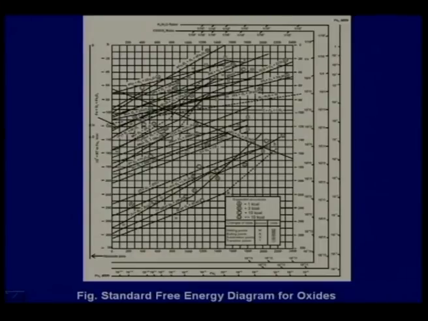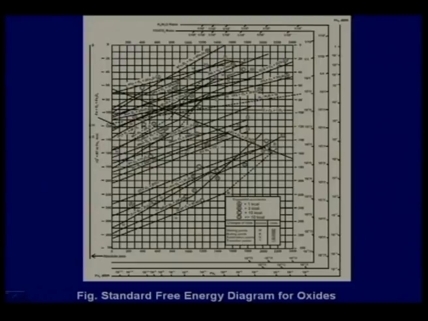Because you have one molecule of gas on the left hand side, O2, and two molecules of gas on the right hand side. So, you are creating a lot more gas out of this reaction. The entropy here is increasing on the right hand side, so this gives you a negative slope. That is why when these lines have a positive slope, this has a negative slope.